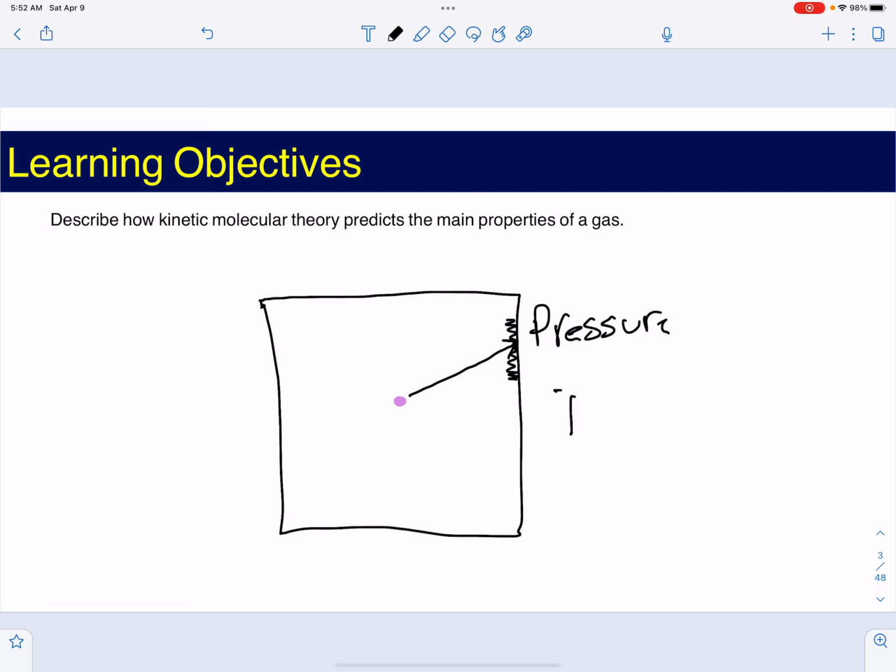So the higher the temperature, the faster they're going to move, and the pressure will be higher.